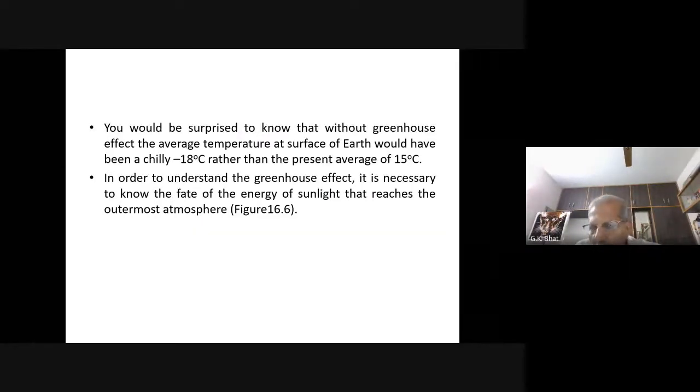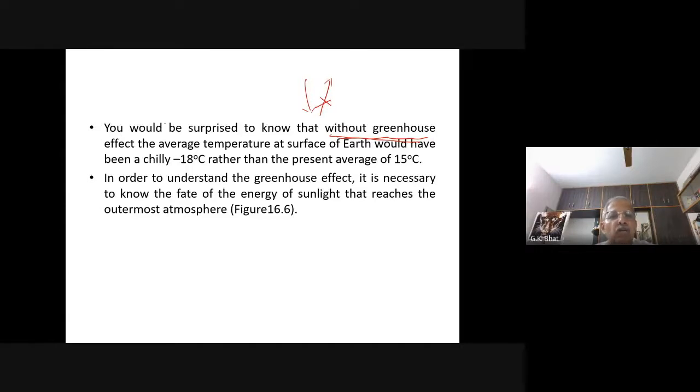You would be surprised to know that without the greenhouse effect... now, is the greenhouse effect good or bad? Look here. What is the greenhouse effect? Allowing the light to come in, not allowing the heat to escape easily.